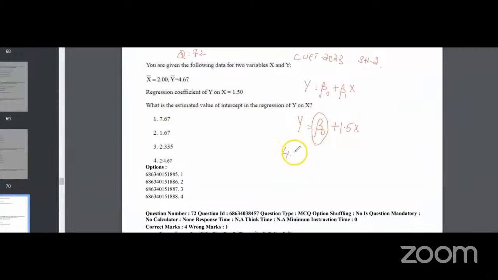So 4.67 is equal to beta naught plus 1.5 into 2. Beta naught cap would be 4.67 minus 3, which is equal to 1.67. The answer is option 2.